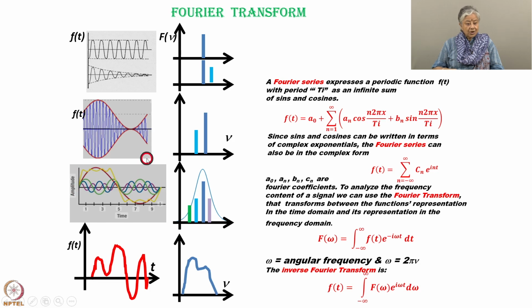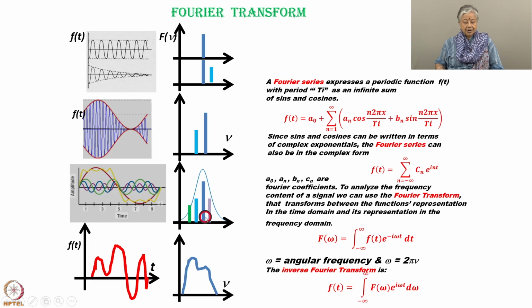So, the yellow line is really an addition of all these frequencies, 1, 2, 3 and this fourth one, 4 frequencies. So, you can very well represent it on a frequency domain as these 4 lines.